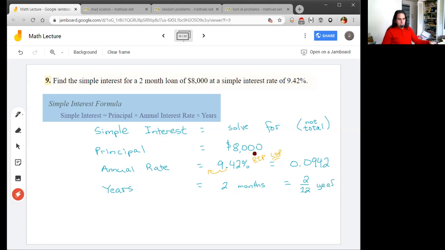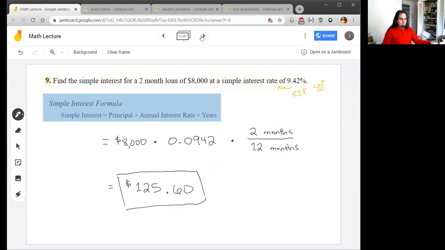So all the funniness with the decimal and the part of the year happens in their planning section. Then when they actually plug things in, whatever that one was, 125.60.